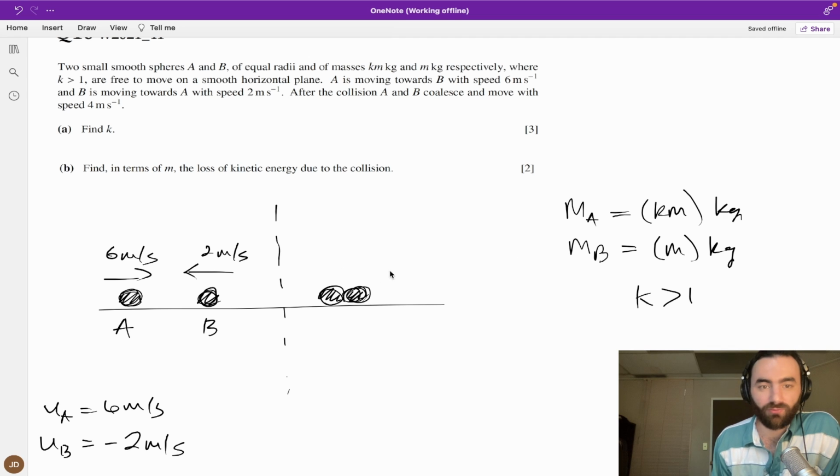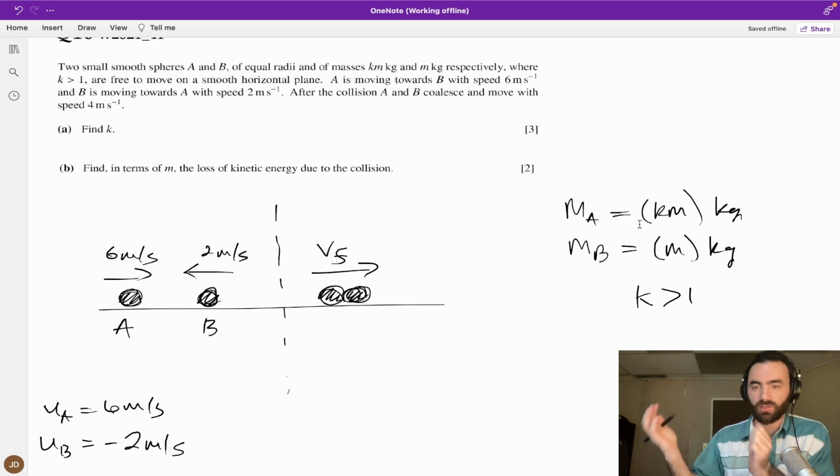So they move together forever along this smooth surface, and it will be this way. It'll be positive because A is moving at a higher speed than B, and it also has a bigger momentum.